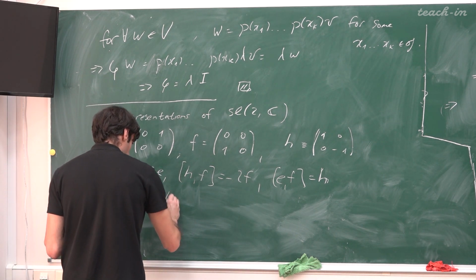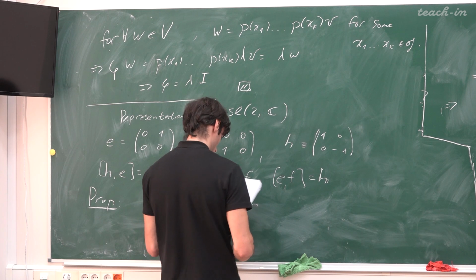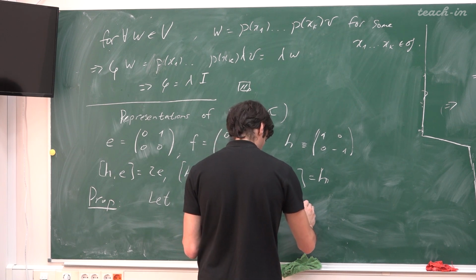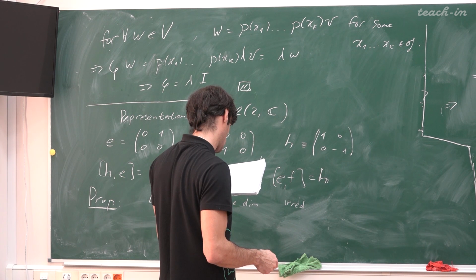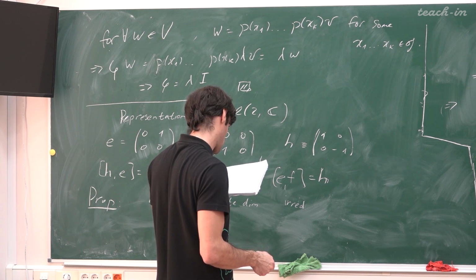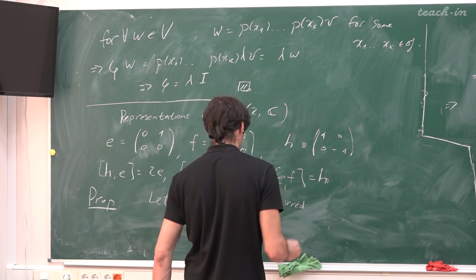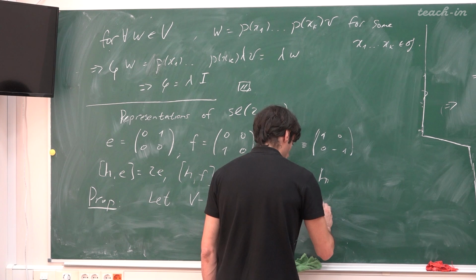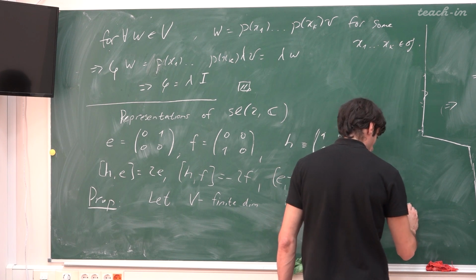So let V be a finite-dimensional irreducible representation of SL2C.